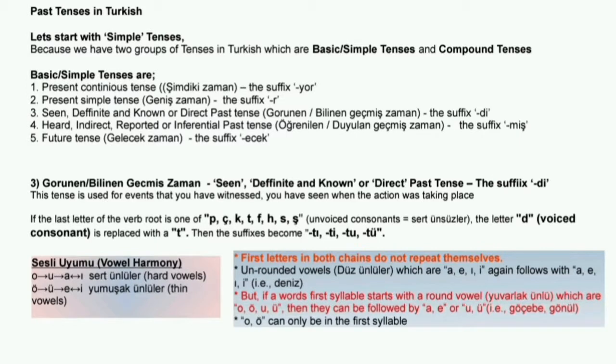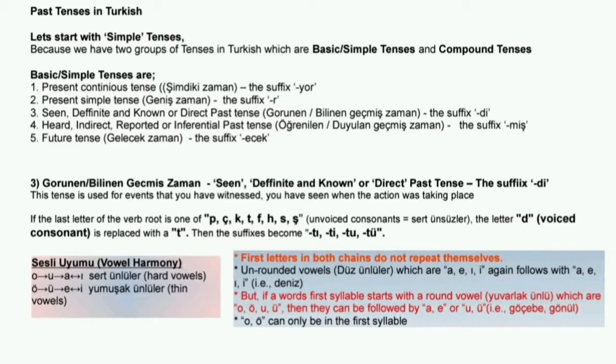If the last letter of the verb root is one of these unvoiced consonants, the letter D, which is part of our suffix for this tense, is replaced with a T. You will understand this with examples in a minute, but let's remember our vowel harmony as well.